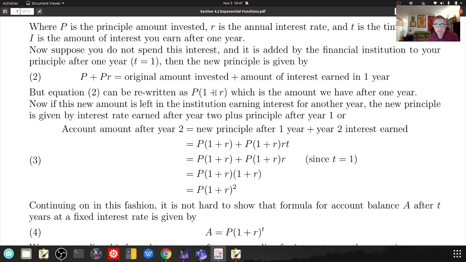Now if this new amount is left in the institution earning interest for another year, the new principal is given by the interest earned after year 2 plus the principal after year 1.